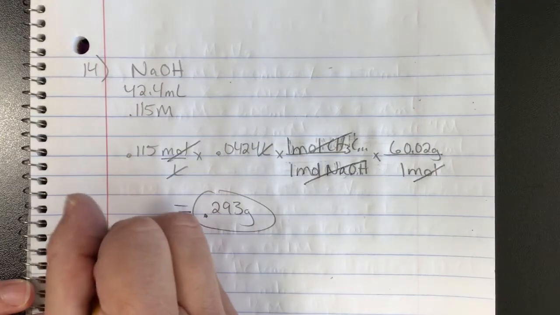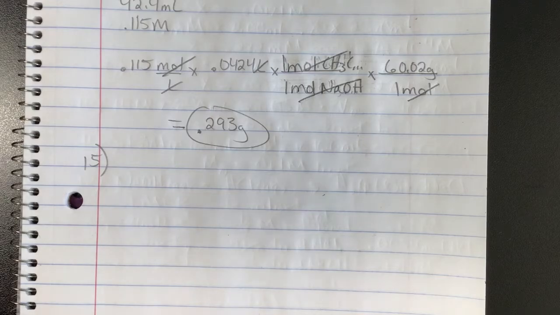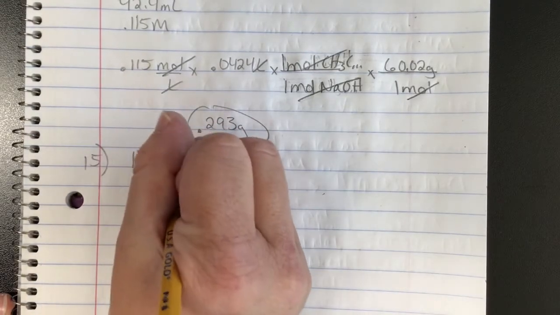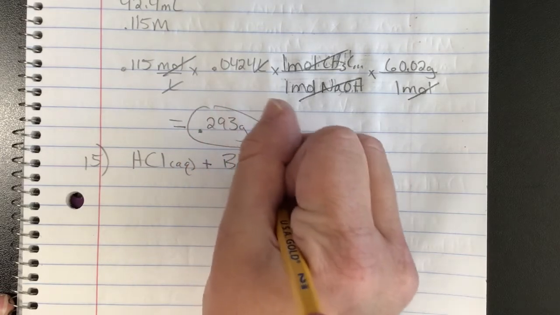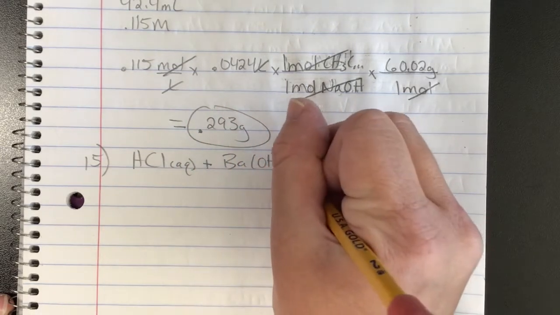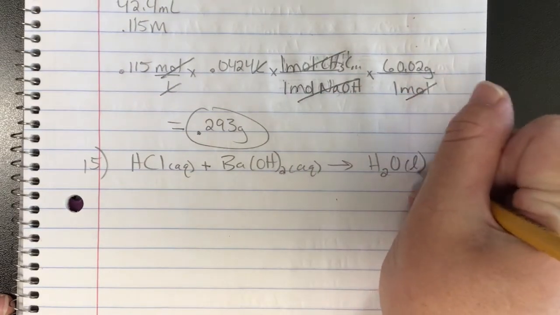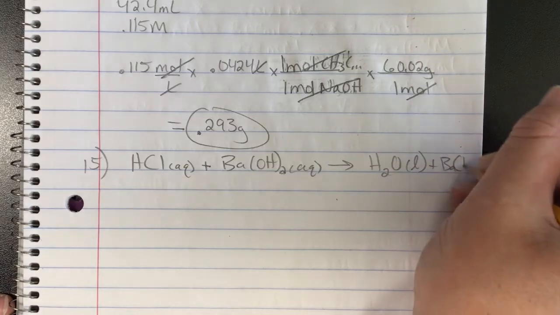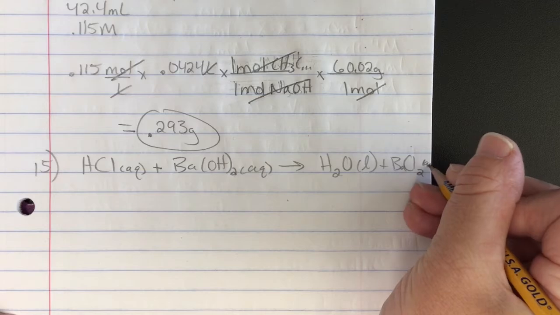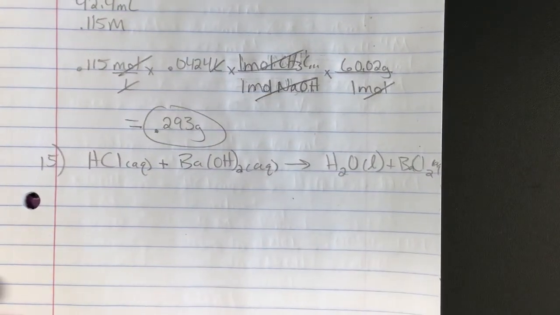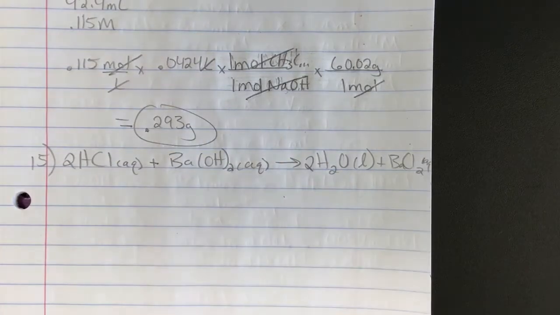Okay, last one, 15. They don't give us a balanced equation here. So we have hydrochloric acid and barium hydroxide going to water and a salt. I'm out of room, but I should write EQ. So to balance this, I need a 2 over here and a 2 over here.